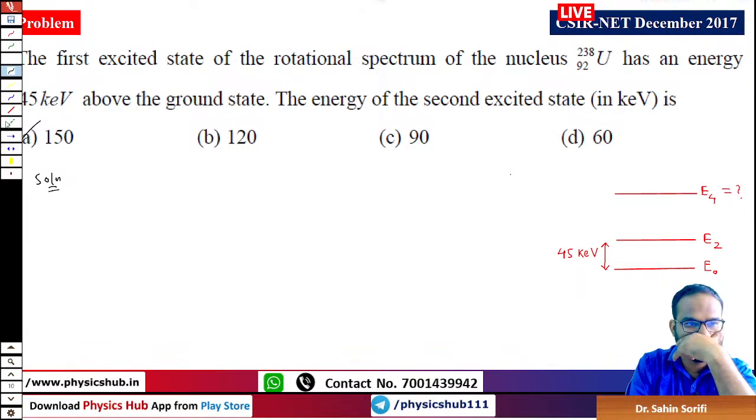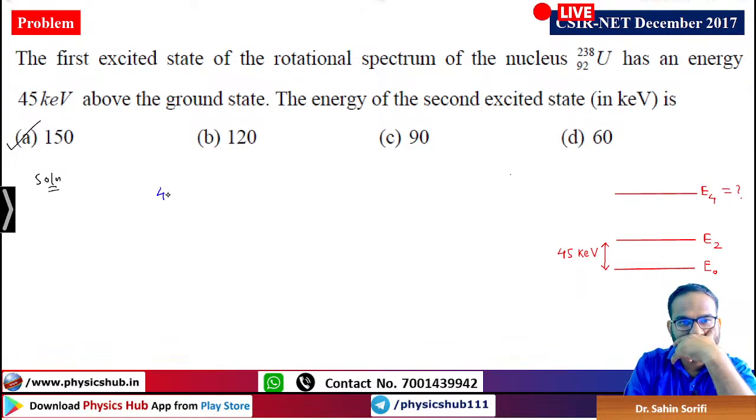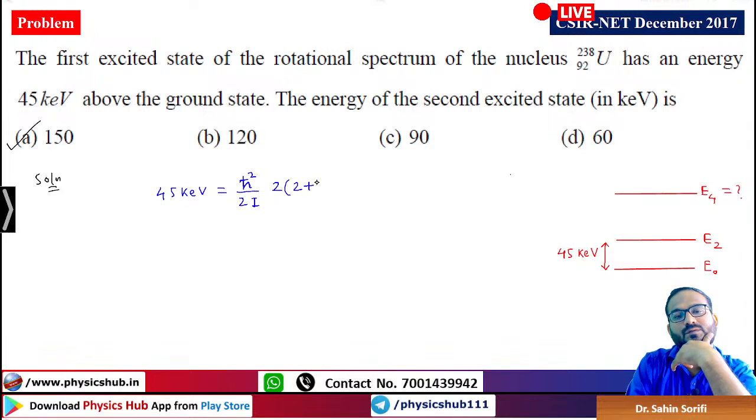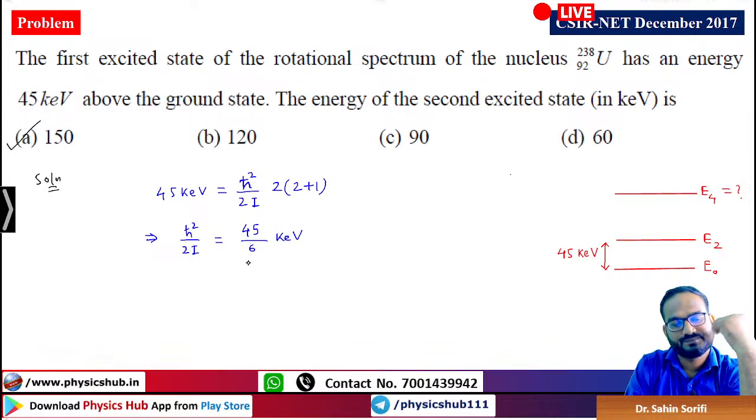So you see how to solve this. 45 keV, this is E2. E2 is equals to h cut square by 2I into j into j plus 1. So 2 into 2 plus 1. So from this we can evaluate the value of h cut square by 2I. So h cut square by 2I is 45 by 6 keV.